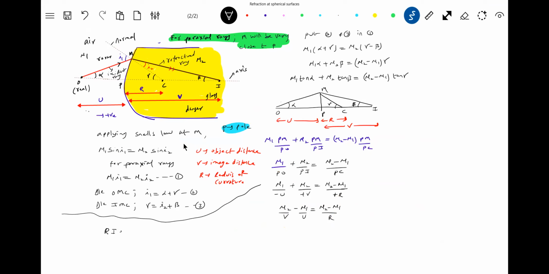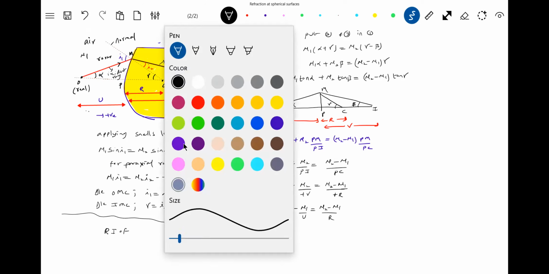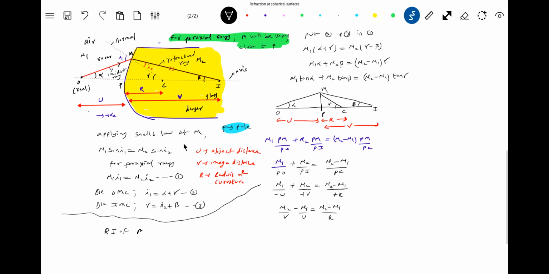Refractive index of the medium in which the refracted wave is present, divided by the image distance. Then what do you mean by mu1?